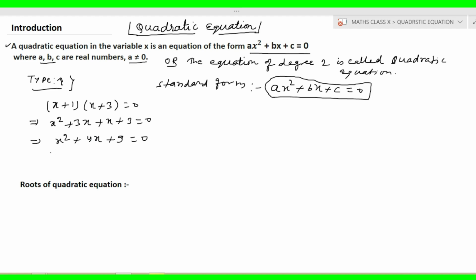Here you see it is in the form of ax square plus bx plus c equal to 0, and by comparison the value of a is 1, the value of b is 4, and the value of c is 3. So this is the first type of question, in which you have to identify whether it is a quadratic equation or not.